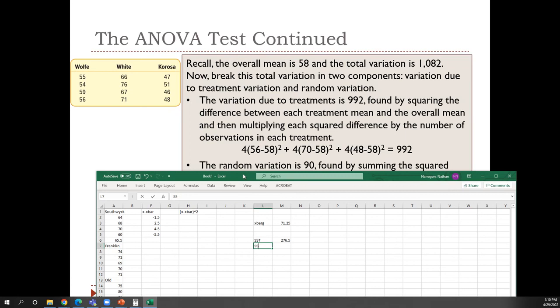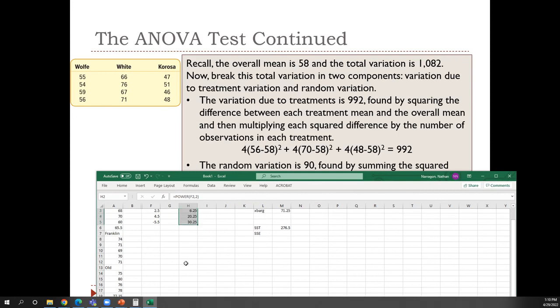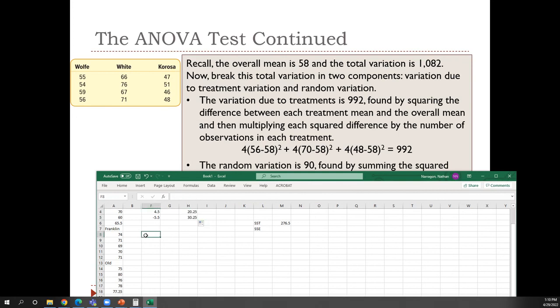Now we're looking at SSE, which is basically our random. So this is going to equal, boom. Okay, and we got to do it the same for all these. So this is going to equal that minus x bar, which is 71.